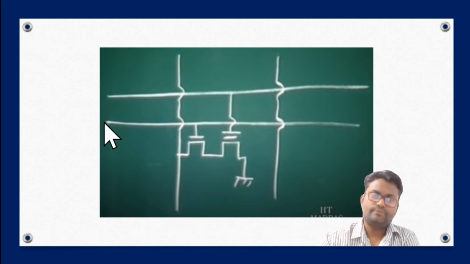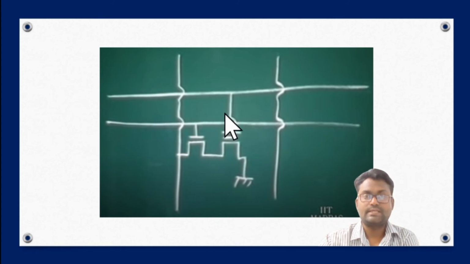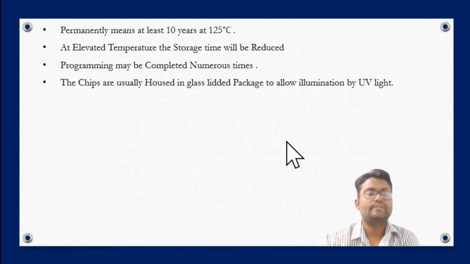Okay, we can say the word line is used to control the gate, and the input of the bit line is provided here by using this avalanche gate. So this is all about the UV erasable.